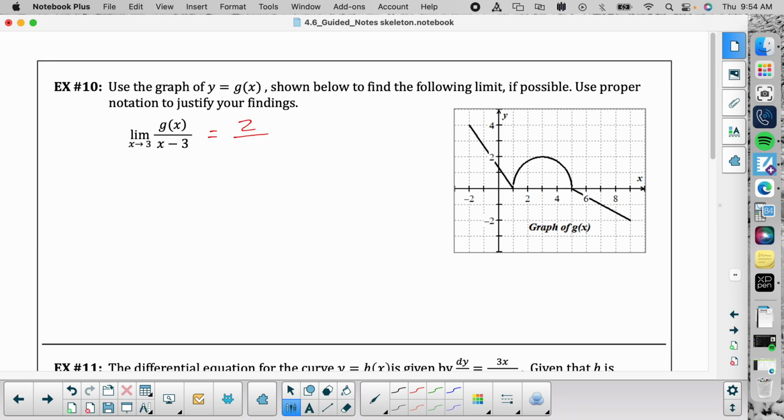And then 3 minus 3 is 0. Excuse me, it's 2. Wait, wouldn't you take this? Oh, no. What am I doing wrong?